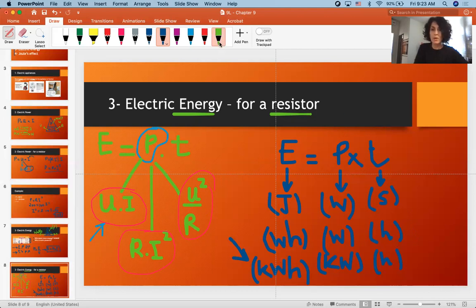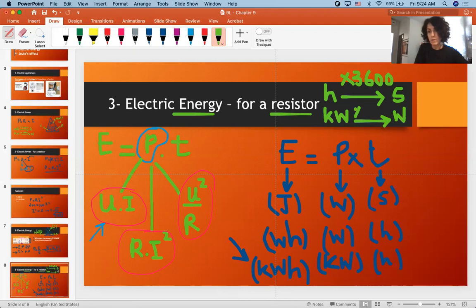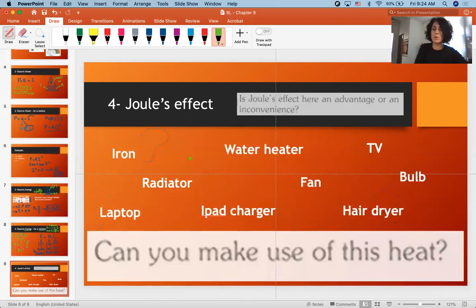Now quick reminder, if you need to convert from hours to seconds you multiply by 3,600, and the opposite you divide. And from kilowatt to watt, can you guess? Kilo is 1000, so you multiply by 1000. Cool? Yes? All right.